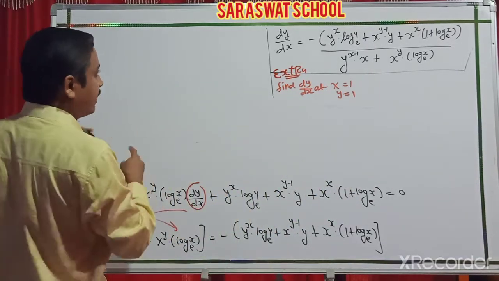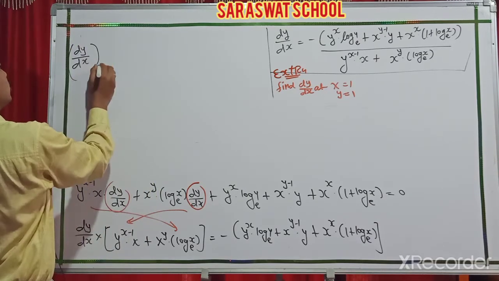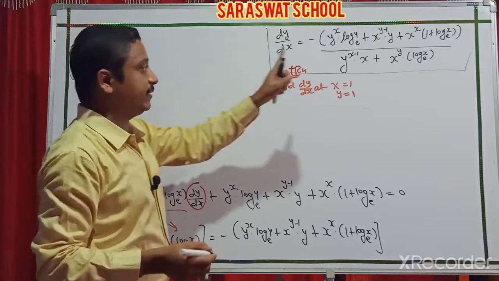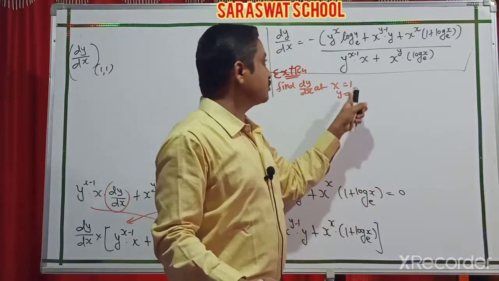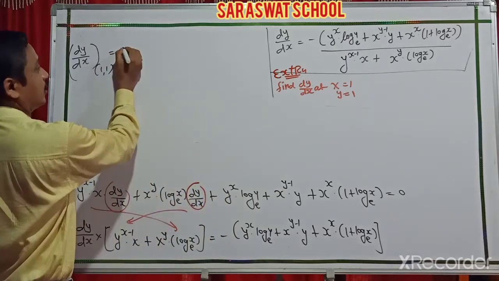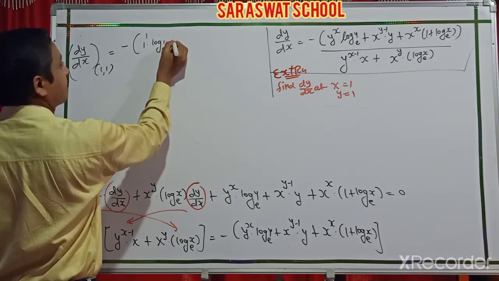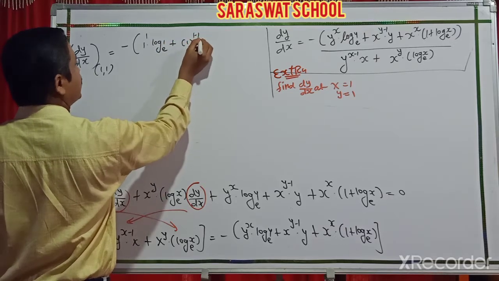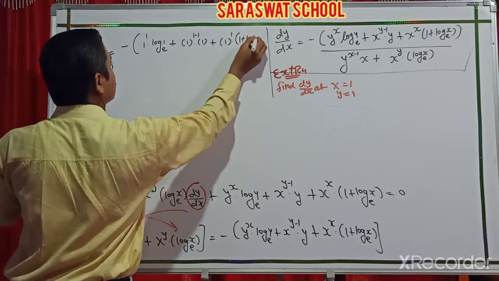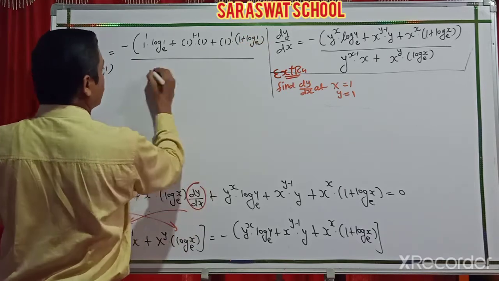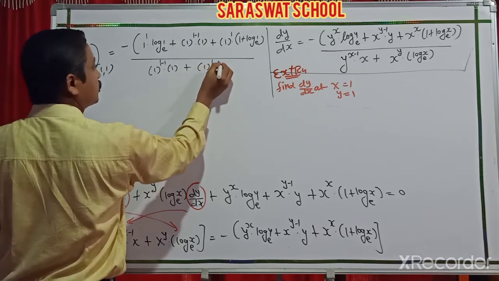So my dy by dx, students, your textbook numerical is done here. Up to that point, I just move ahead to the extra. Apply x1, y1. So here minus 1 raised to 1 log 1 base e, 1 raised to 1 minus 1 into 1, again 1 raised to 1 into 1 plus log 1, upon 1 raised to 1 minus 1 into 1, same as 1 raised to 1 into log 1.